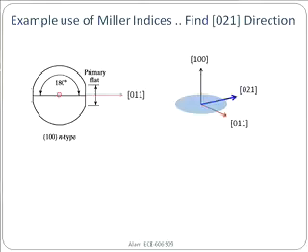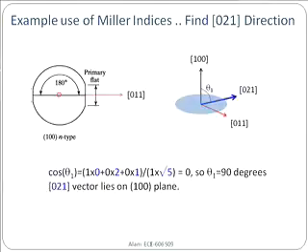because you could easily calculate the angle theta 1, and theta 1 is easily calculated by the dot product of the two vectors, and you know the Miller indices, so therefore you can calculate the dot product. In this particular case, the dot product turns out to be 0.